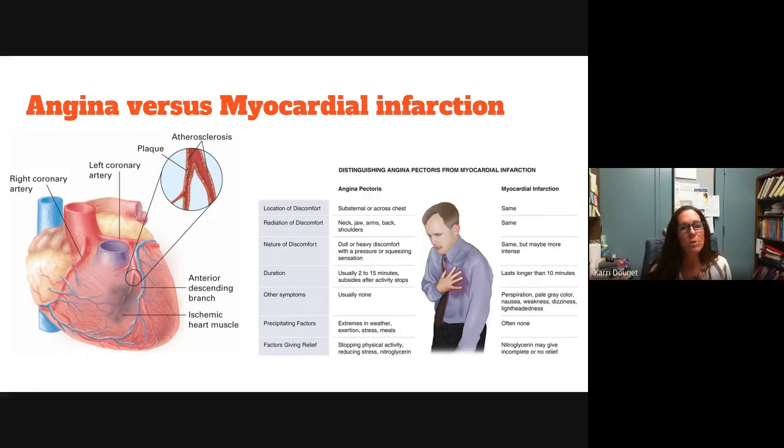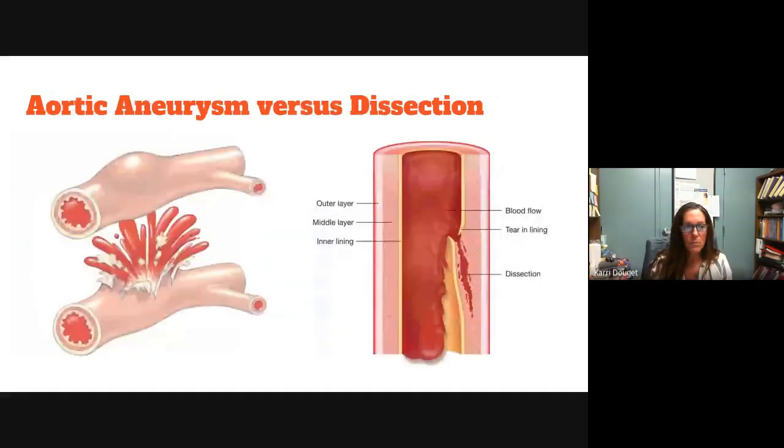We're actually going toward that MI. If it's lasting longer than 15 minutes, some say 10 minutes, then we're leaning more toward an MI and not angina. So whenever we're getting that history, it's very important that we ask how long this has been going on, have they done anything, or does anything provoke it, make it better or worse?